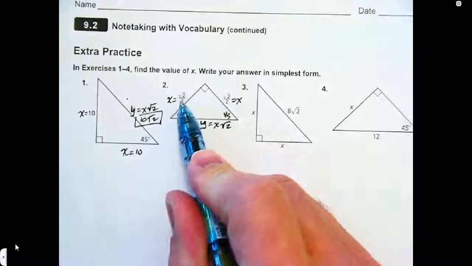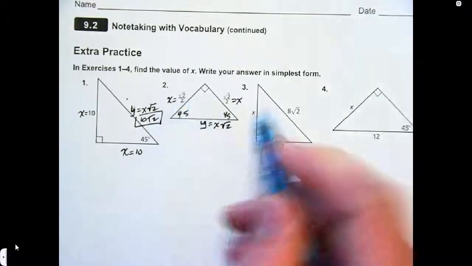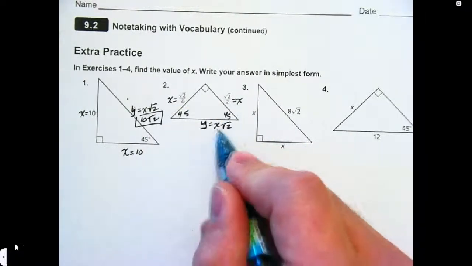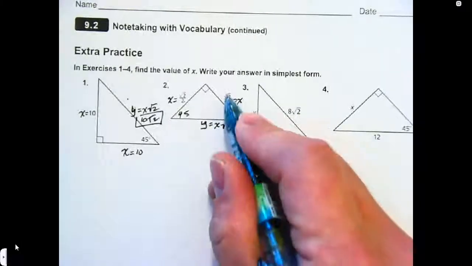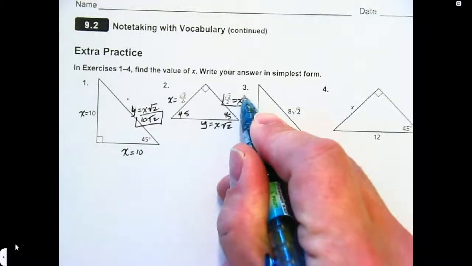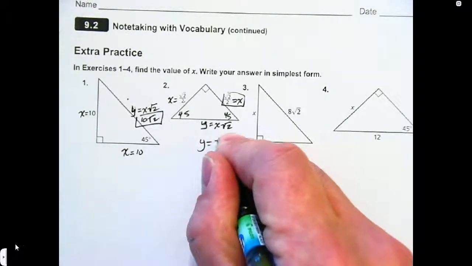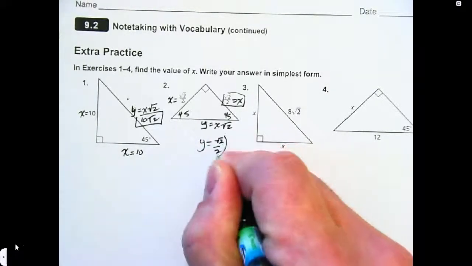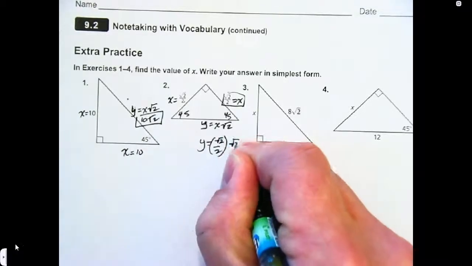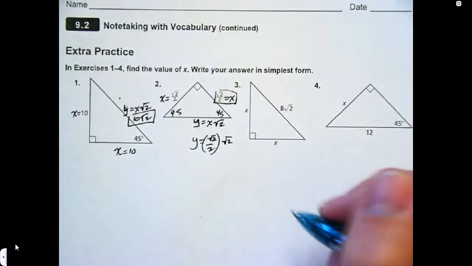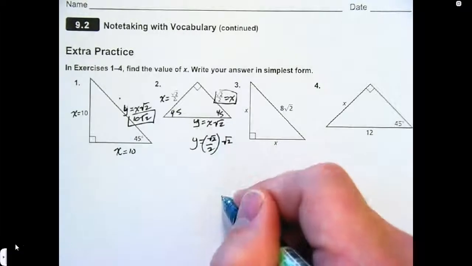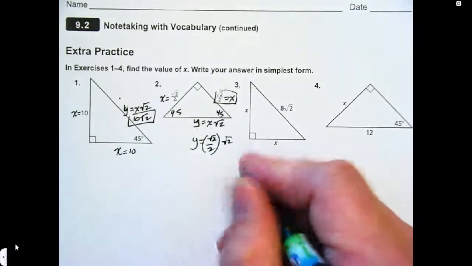Notice this has 1 variable. It tells you what x is. This has 2 variables. You need to know x before you can solve it. Well, good thing you know x. X is root 2 over 2. Therefore, y is equal to root 2 over 2 times root 2. What is root 2 over 2 times root 2?